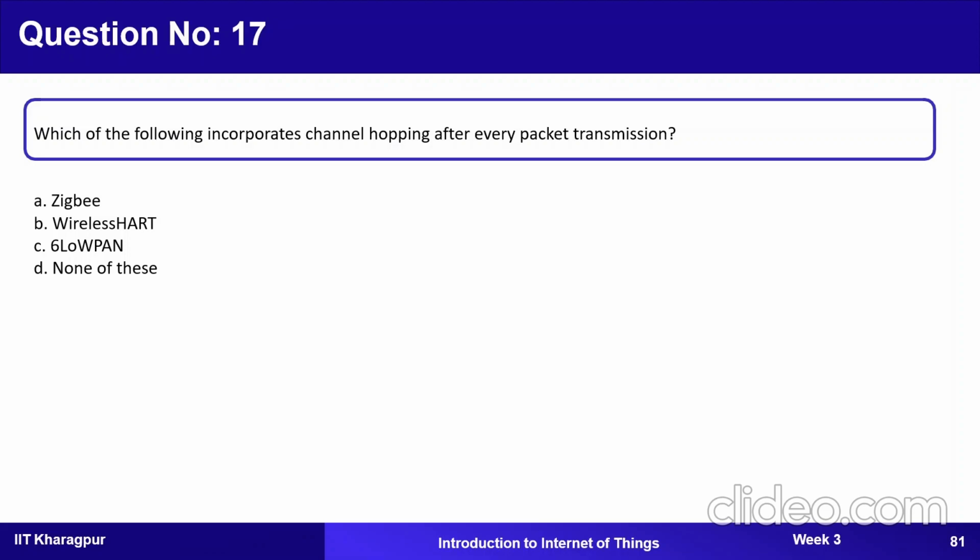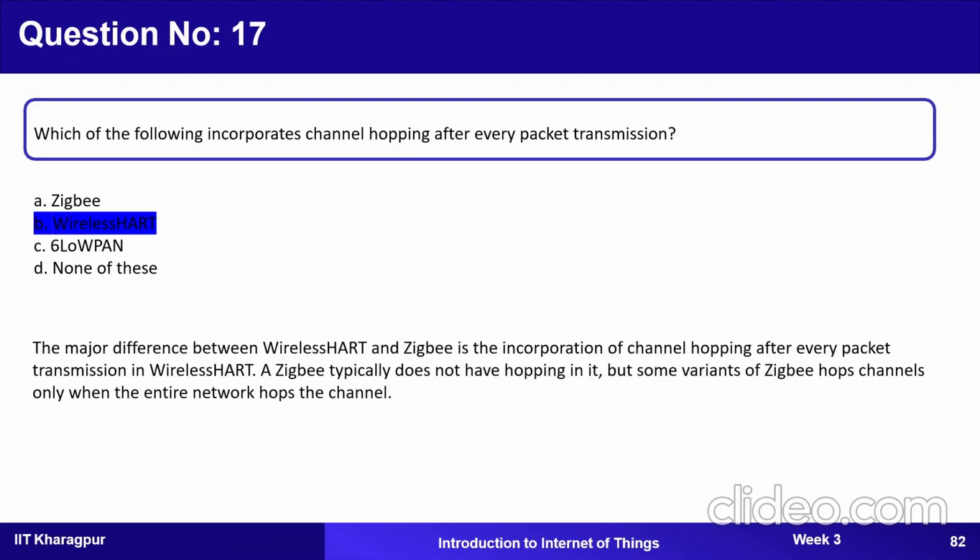So the correct option for this is wireless HART. And the major difference between wireless HART and ZigBee is the incorporation of channel hopping after every packet transmission. In case of ZigBee there is no such hopping, whereas in case of HART there is channel hopping.